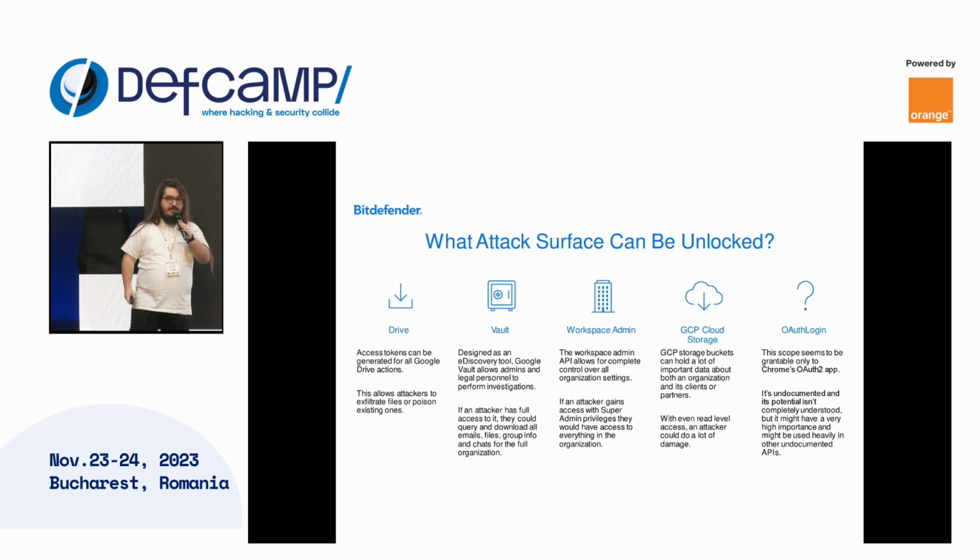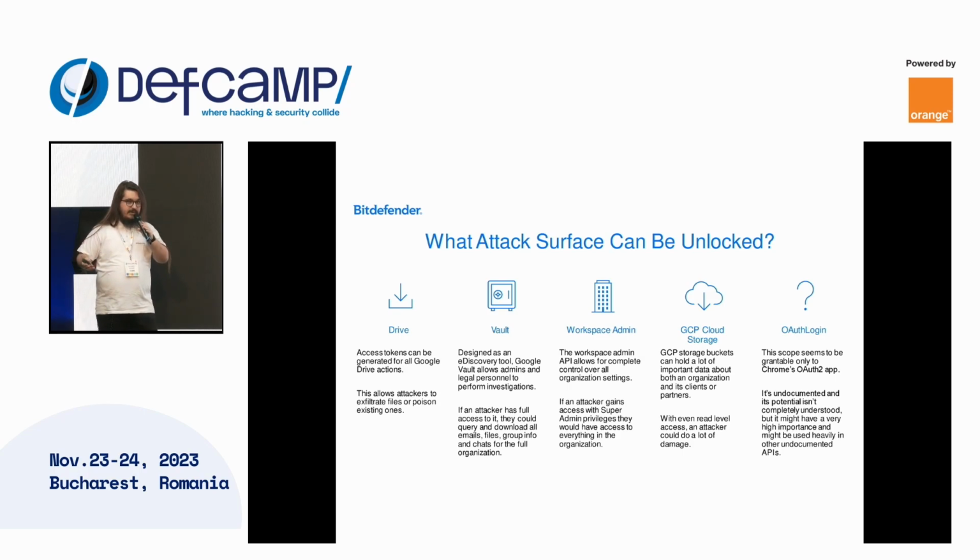Thirdly, if a user has access to the workspace administration page, an attacker could use that to create accounts that they control on that company's infrastructure, and also could set higher permissions for those accounts.